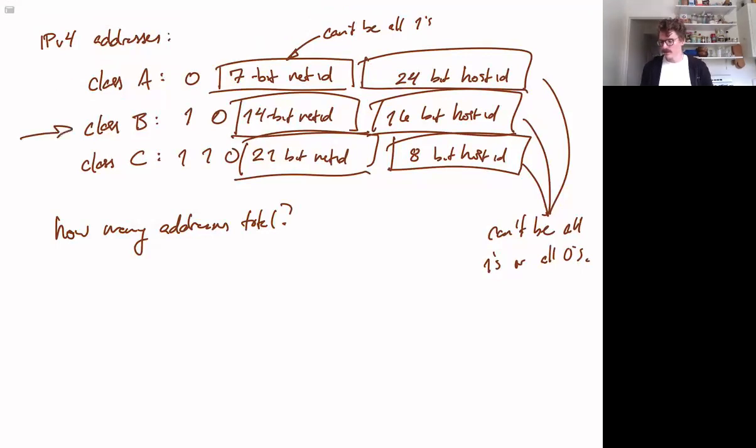Class B is sort of in the middle. And class C is like many, many very small networks that you can allocate. Okay, so how many addresses total?